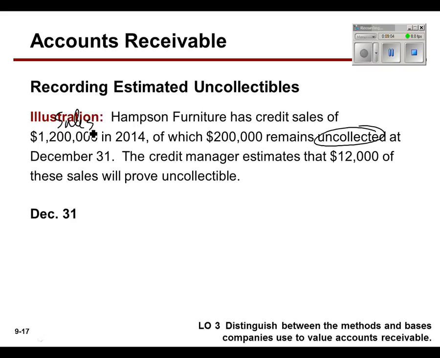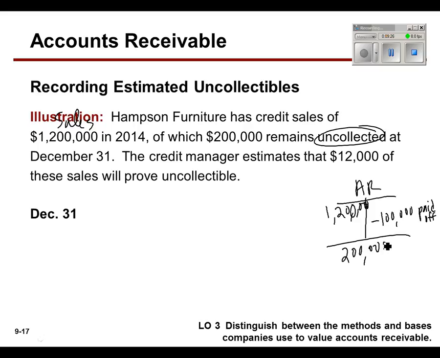If you think of it this way, they've had 1.2 million in sales that have been charged. Okay, 100,000 were paid off. And at the end of the year, 200,000 still remains.